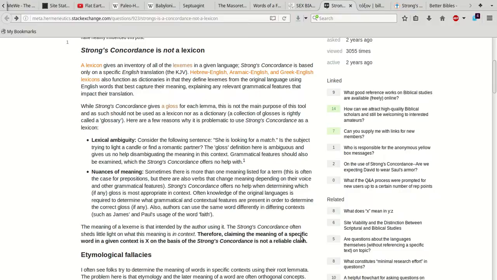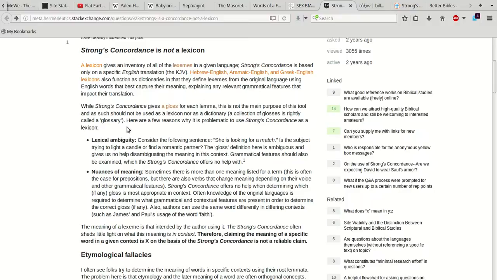Also, authors can use the same word differently in differing contexts, such as James and Paul's usage of the word faith. So, his conclusion: claiming the meaning of a specific word in a given context is X on the basis of Strong's Concordance is not a reliable claim.